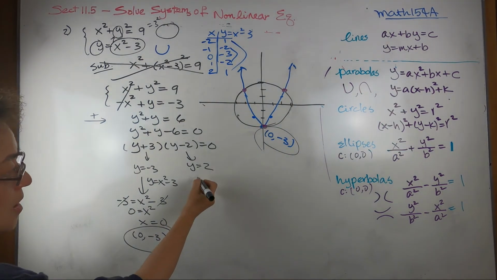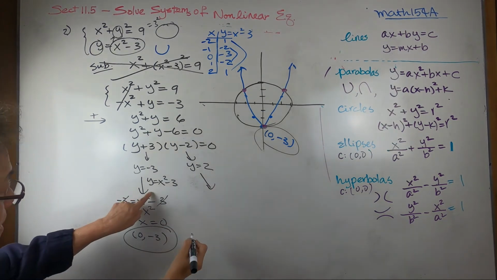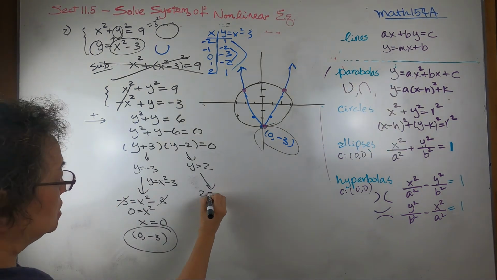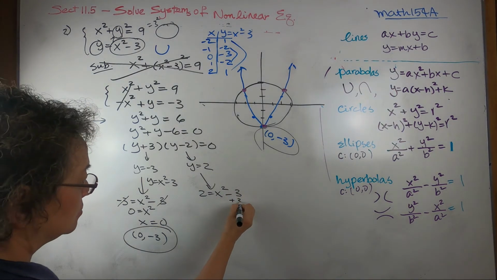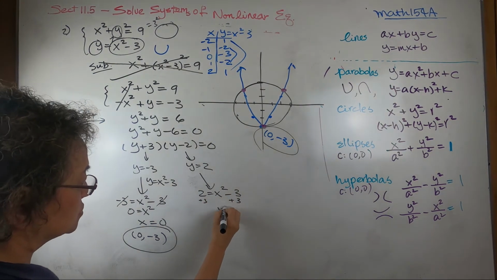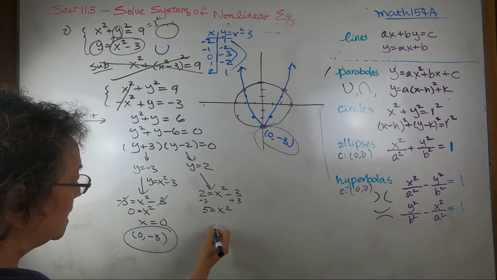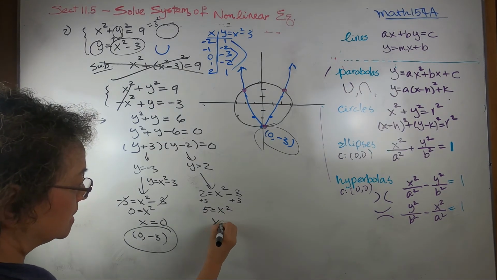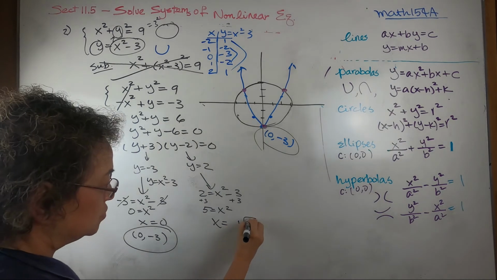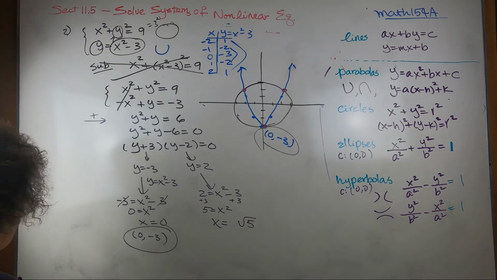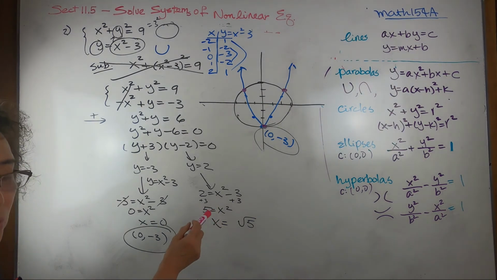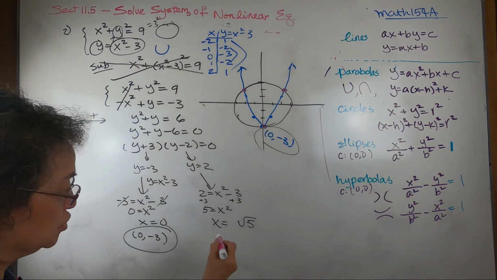Then how about y is 2? So we plug in here, 2 equals x squared minus 3, right? Then we plus 3, x squared equals 5. Then what's your x? You will only give me square root of 5, which is not right because by the square root property, we should have what?